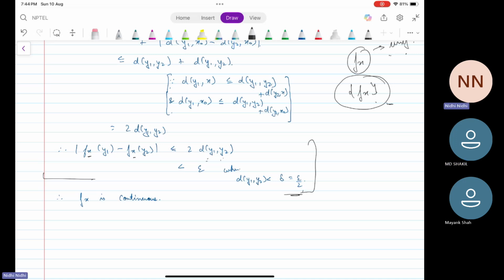Yeah, exactly. If the collection is eventually depending on x, in that case we say the collection is equicontinuous. Here the collection is f_x. That's why I was saying that it is independent of x. And what about pointwise equicontinuity?